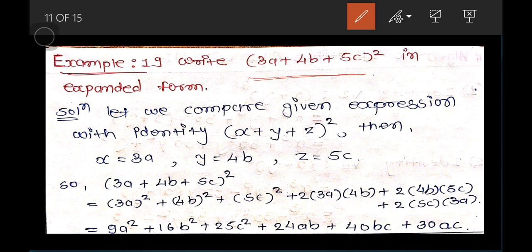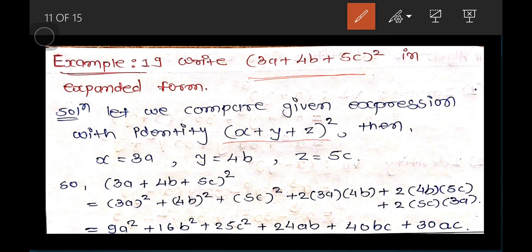Here you can see that the given polynomial is similar to identity number 5, that is (x plus y plus z)². So we can expand this expression with the help of that identity. So, solution of the given example: let us compare the given expression with the identity (x plus y plus z)².